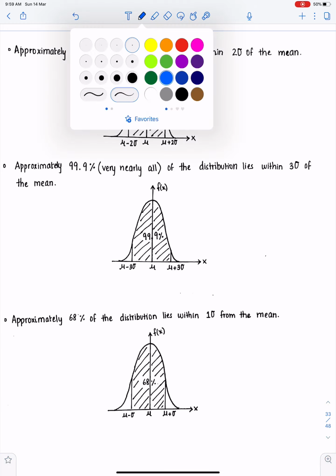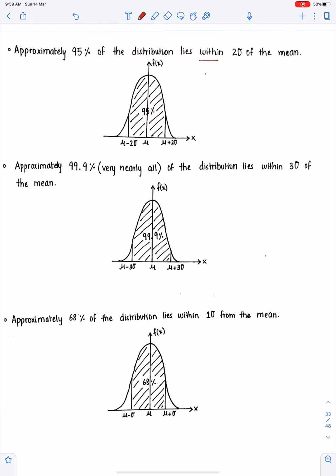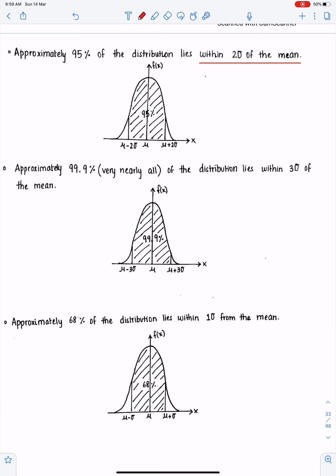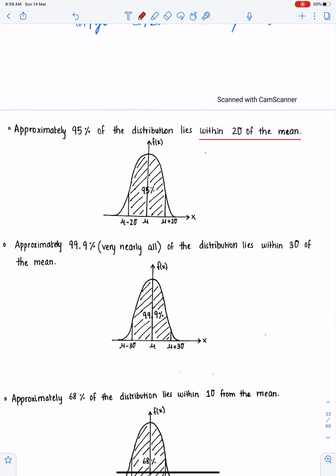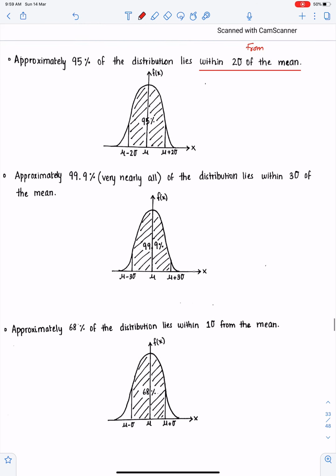This statement says within 2 standard deviations of the mean, or from the mean. Of the mean or from the mean means the same thing. That means mu plus minus 2 sigma. And within means less than sign. So, let me write this separately.